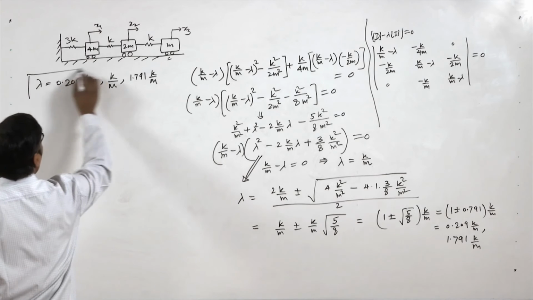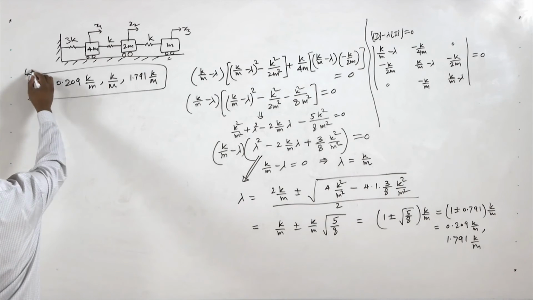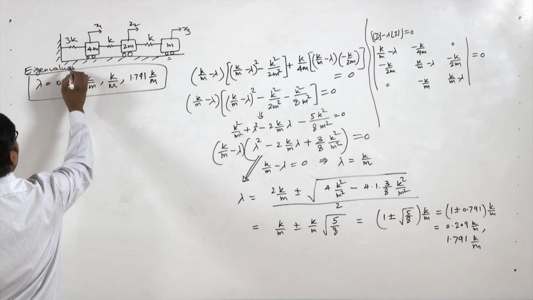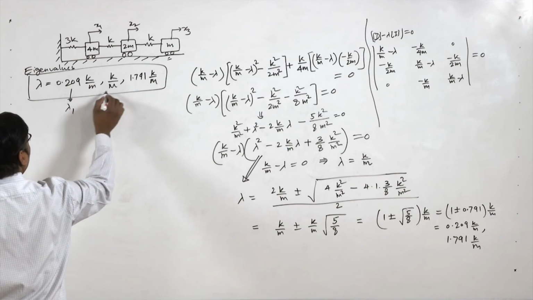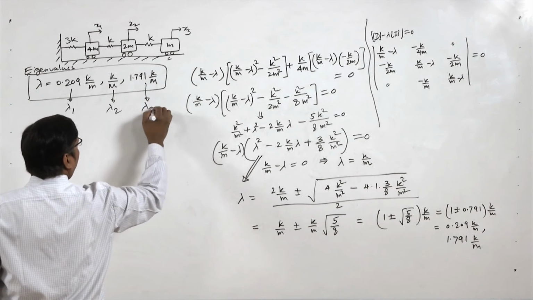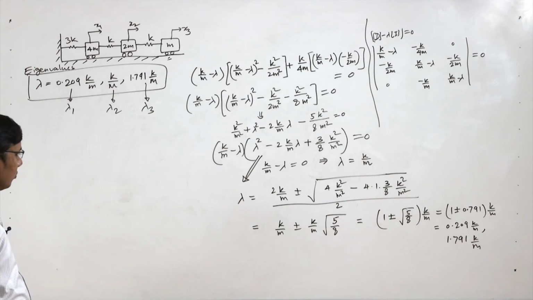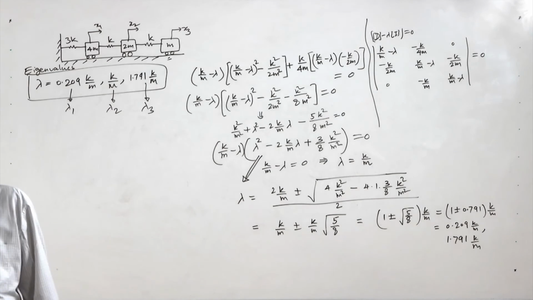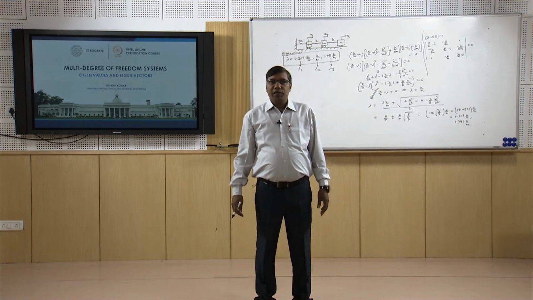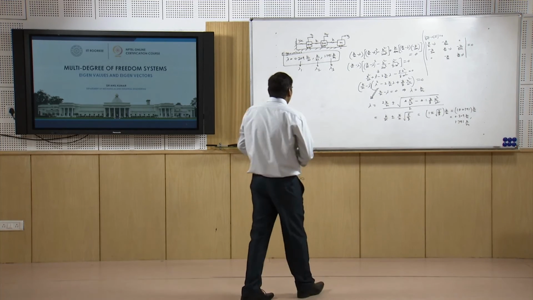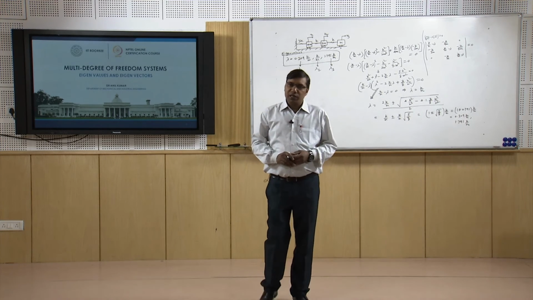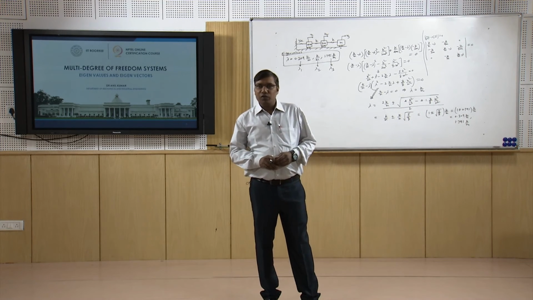So these are the eigenvalues, and this is lambda 1, this is lambda 2, this is lambda 3. As we have obtained these eigenvalues, now our next task is to get the eigenvectors.